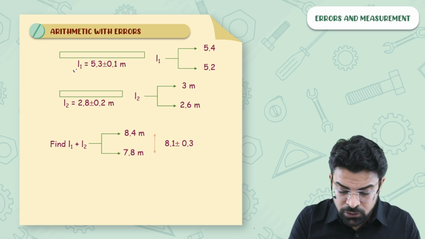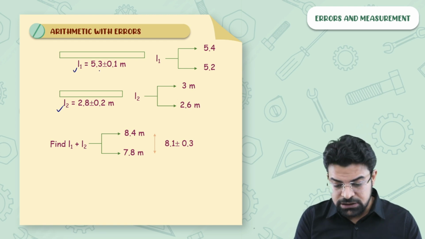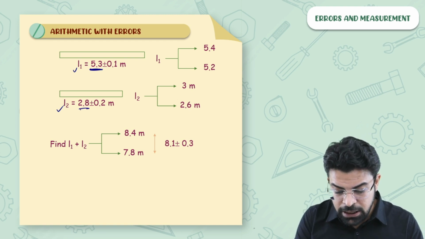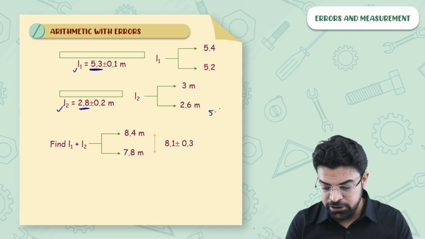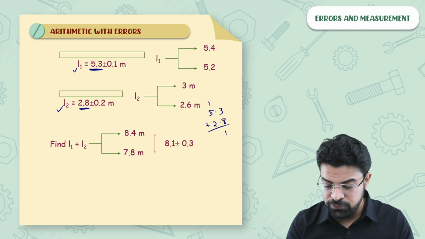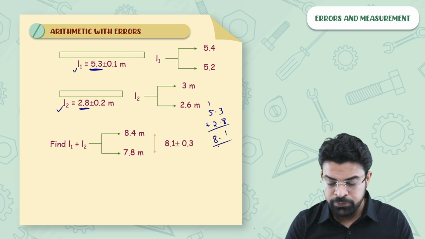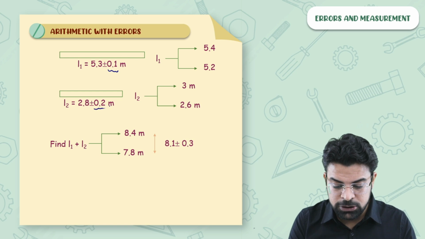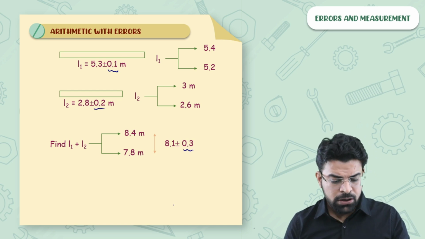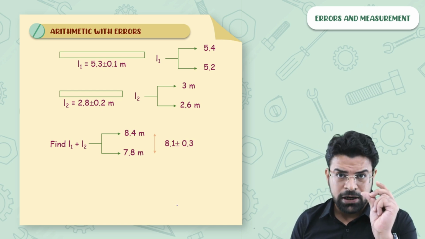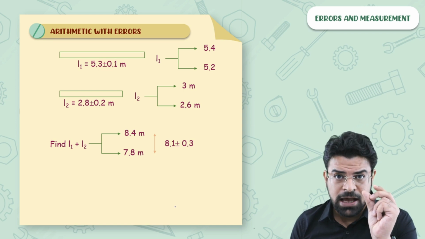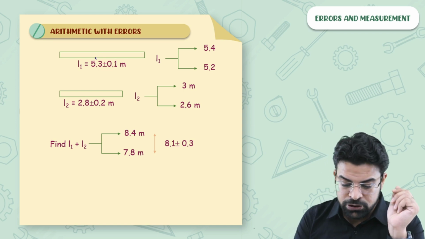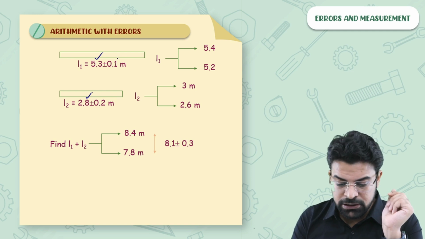So if you need to add up two lengths, just add up their absolute parts. 5.3 plus 2.8 gives you 8.1. And add up their error parts. 0.1 plus 0.2 gives you 0.3. Simple. So if you need to add up two quantities having certain error, simply add up the absolute parts and add up the error parts.